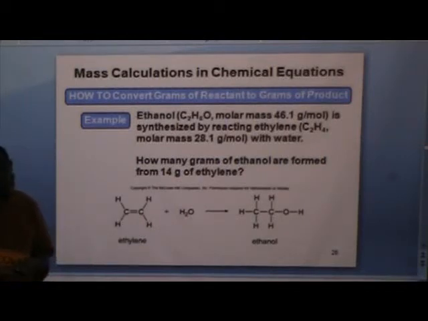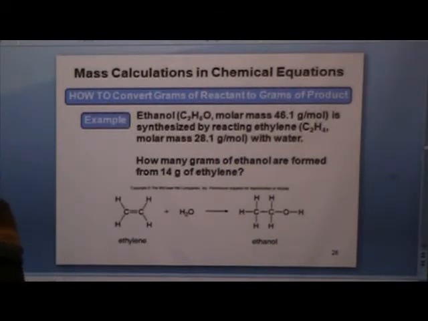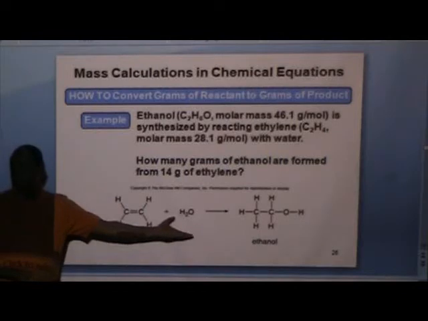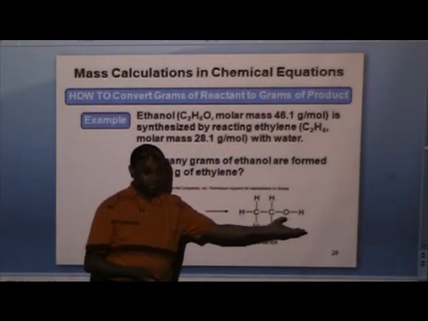But whether it is structural or molecular, the point is the equation has to be balanced, with equal numbers of atoms on the reactant side and on the product side.